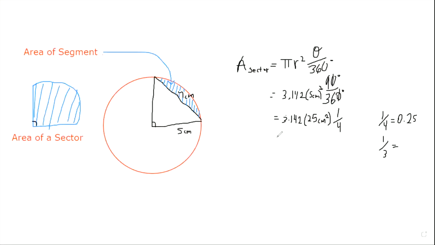Go ahead and try that, guys, while I work this piece out. What do you get for 1/3? 0.33. So you get 0 point, and I have to put a little bar at the top of the 3 because the 3 just goes on forever.